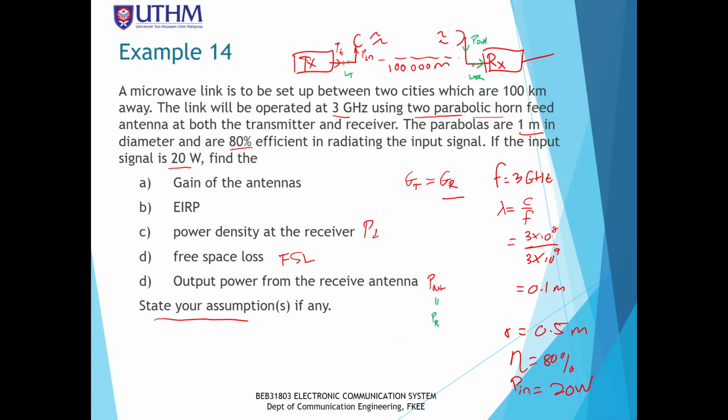So I want to show you another example. Let's do one question from the previous semester final exam. Maybe it is good for you to see these previous questions.